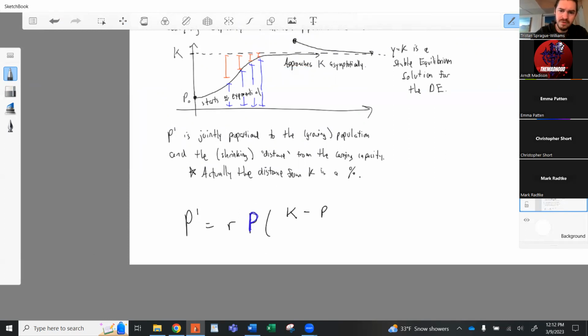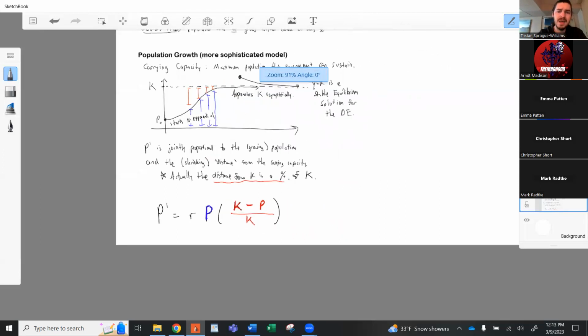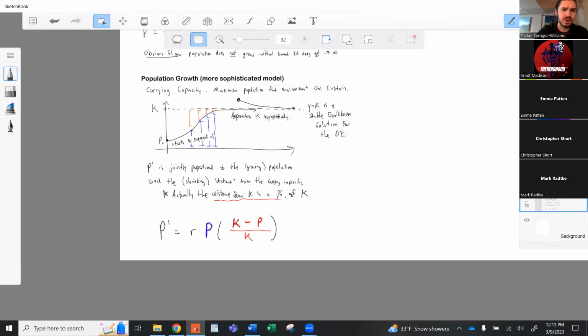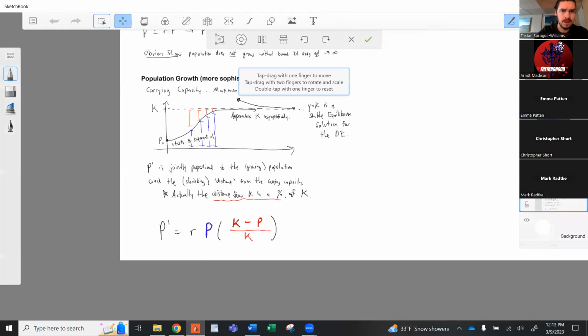And the distance away from the carrying capacity is K minus P. But like I said, we're actually going to do that as a percentage. So we're going to divide that by K.